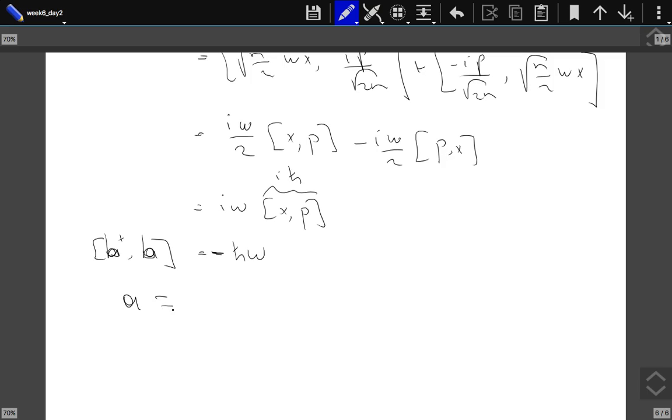So I just define a to be B over square root of h bar omega. And similarly, a dagger would be just B dagger over square root of h bar omega. So the commutator of a and a dagger is 1, and the commutator of a dagger and a is minus 1.